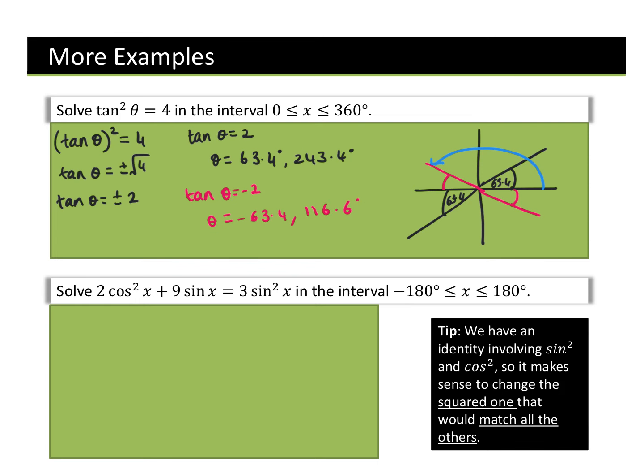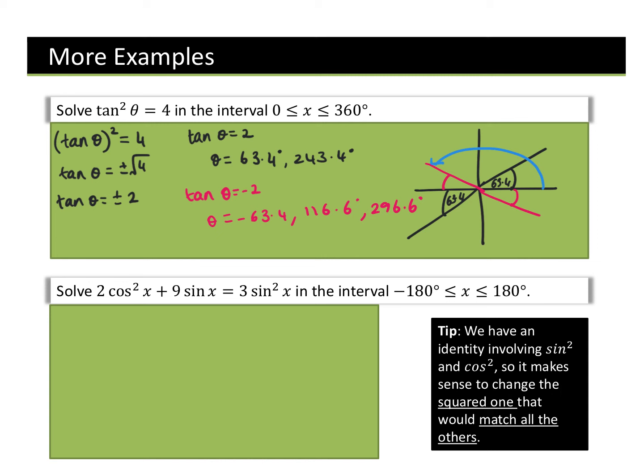And then if I was to carry on going all the way round, I would hit it again here, 360 minus 63.4, which is 296.6 degrees.